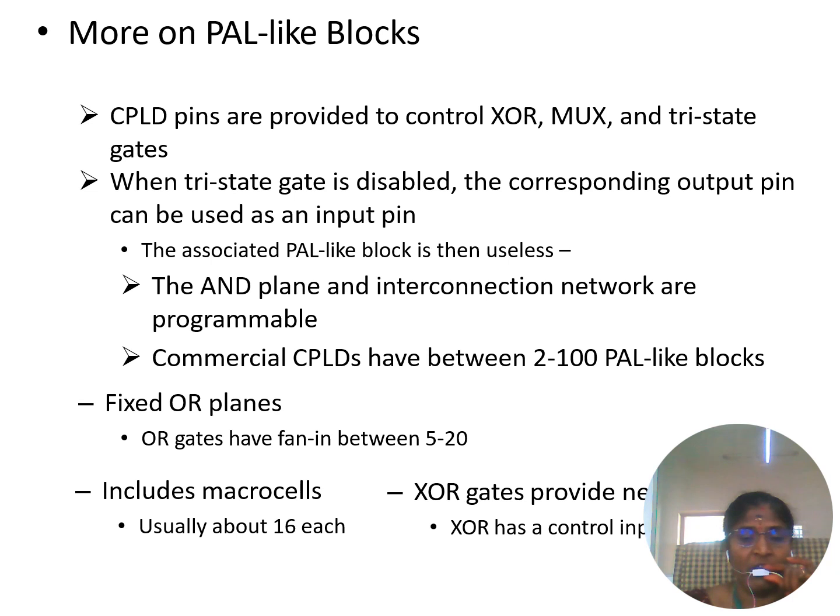It has macro cells; 16 macro cells are present. The XOR provides negation ability. That is, if both inputs are the same, the output is 0; if any one of the inputs is 1, the output is 1. That is nothing but negation ability.